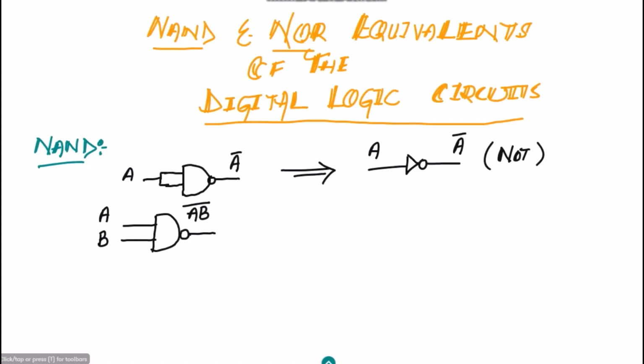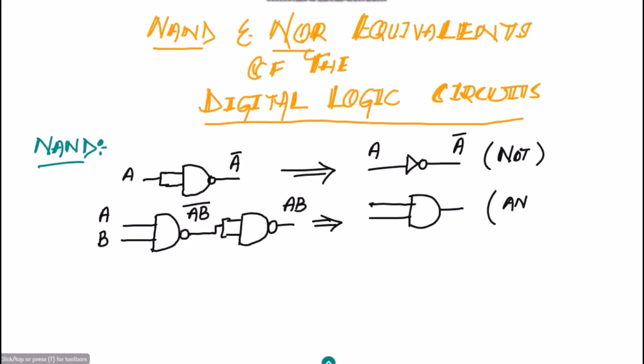If the same output is applied to another NAND gate whose two inputs are shorted together, what I will get at the output is AB, which we can very easily see is a simplified version of a gate called the AND gate.